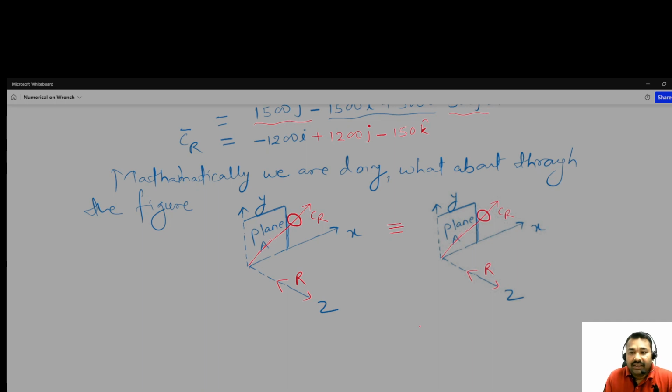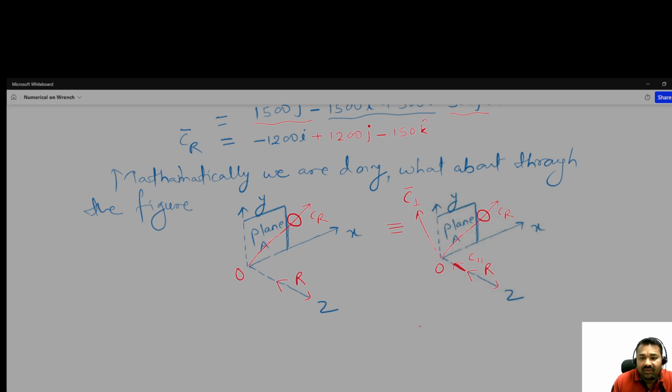So this here we can resolve, perpendicular to the resultant R. This here can be resolved into two parts. So from origin O, it is C perpendicular, and this one is C parallel.